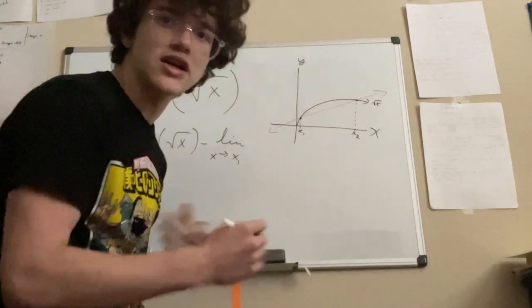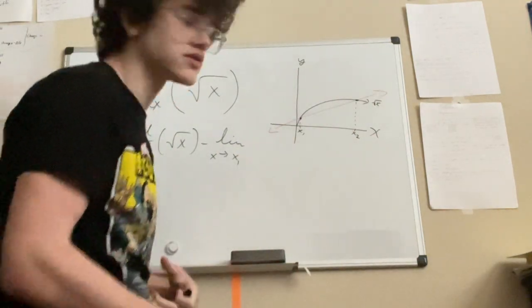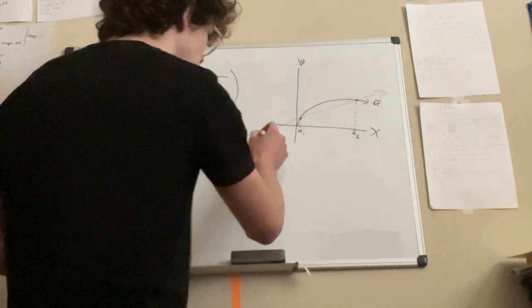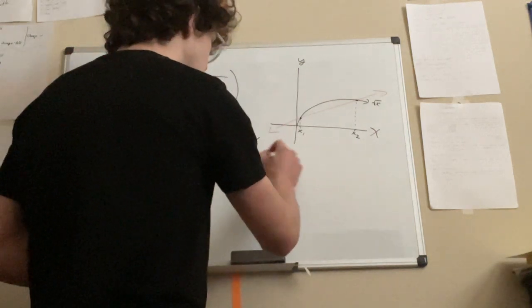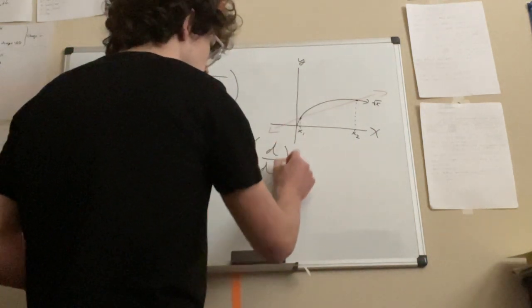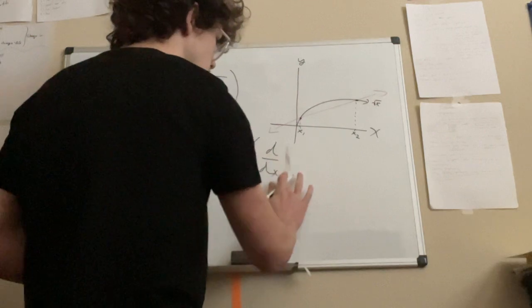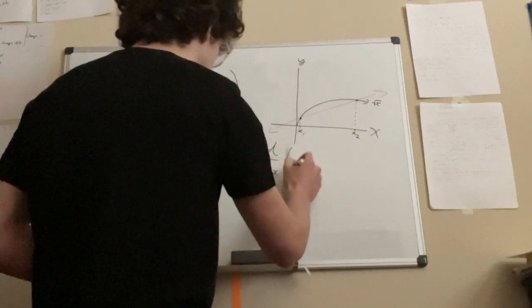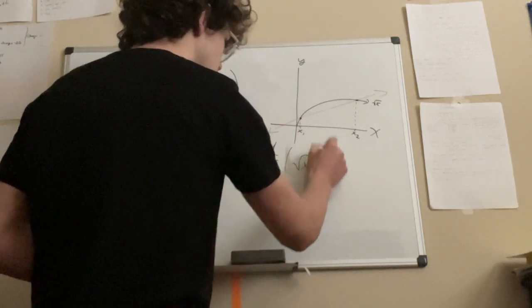This is assuming that x1 is a smaller value than x2, of the derivative of that same function, x squared.